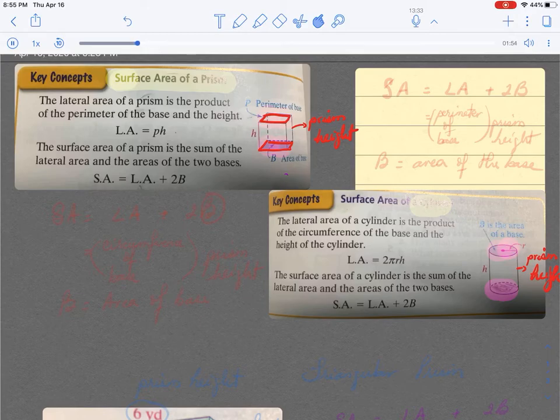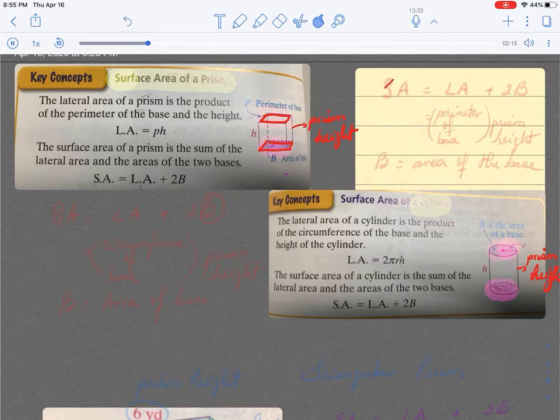Let me make it smaller. I always started out with, if it's a prism, I'm going to look at surface area.